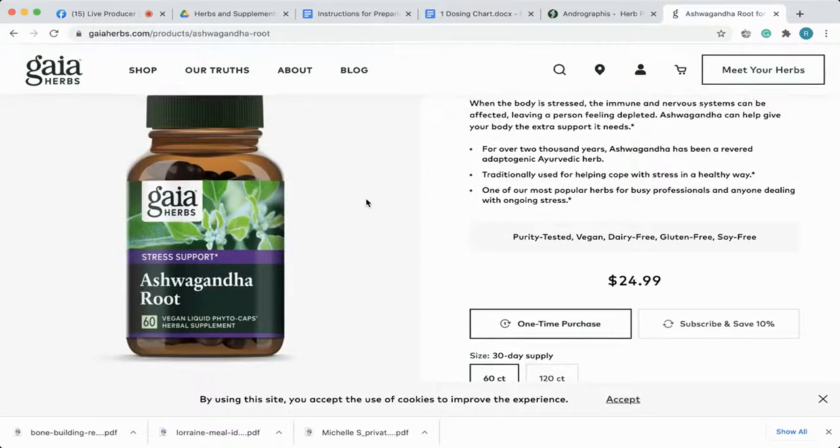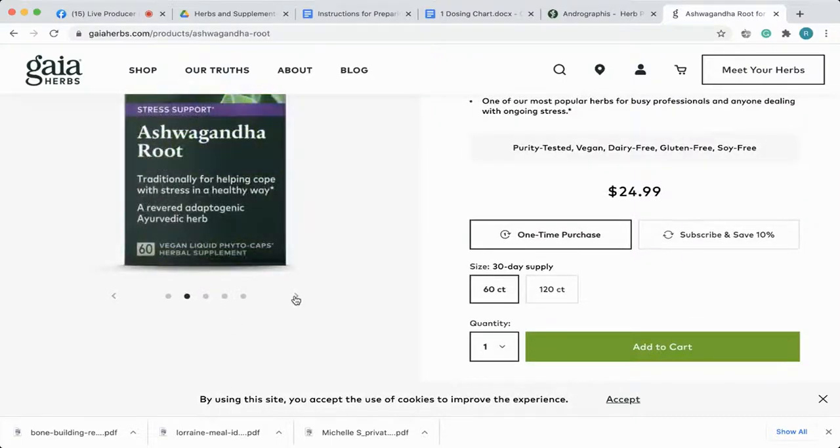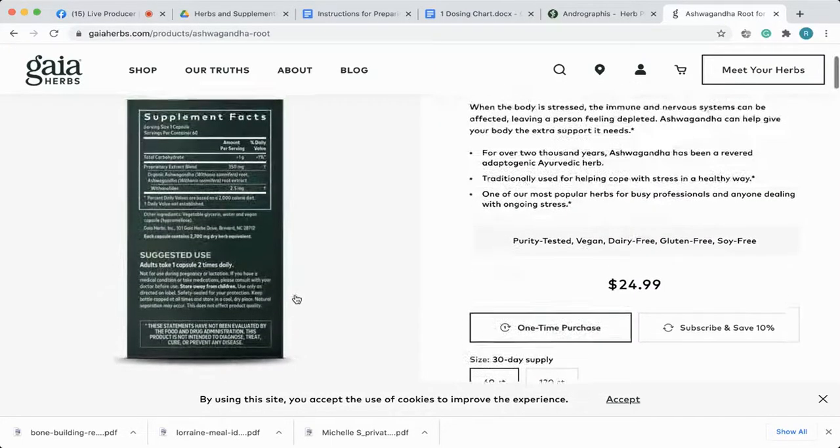It's not just a powdered herb, it's a liquid phytocap, meaning they do a liquid extraction and then encapsulate it. So it's a little different than a product like Banyan Botanicals or Nature's Way, Oregon's Wild Harvest. Generally it's just the powdered herb in a capsule, and it's pretty straightforward.